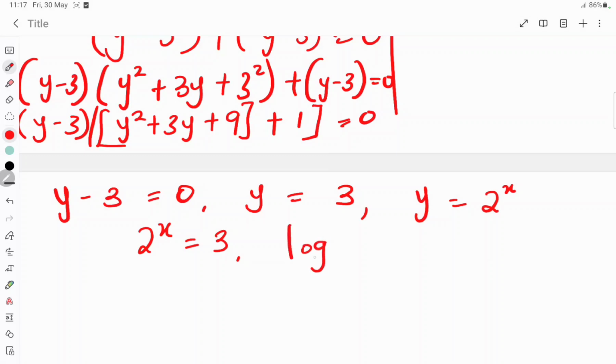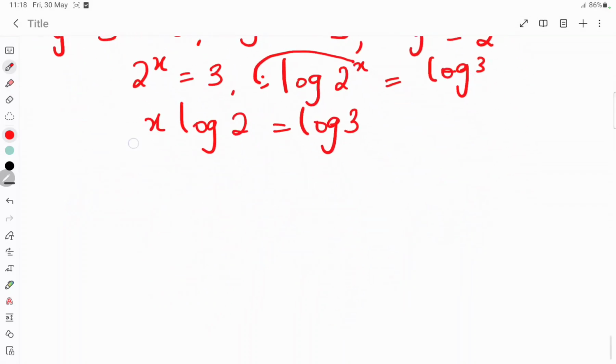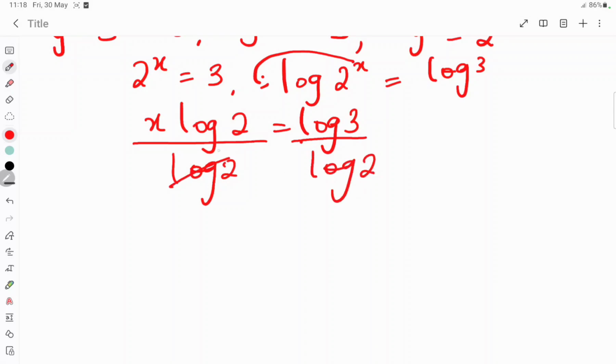So we have log 2 power x is equals to log 3. Then x will multiply the log, so we have x log 2 is equals to log 3. On getting this, divide through by log 2. So x is equals to log 3 over log 2.